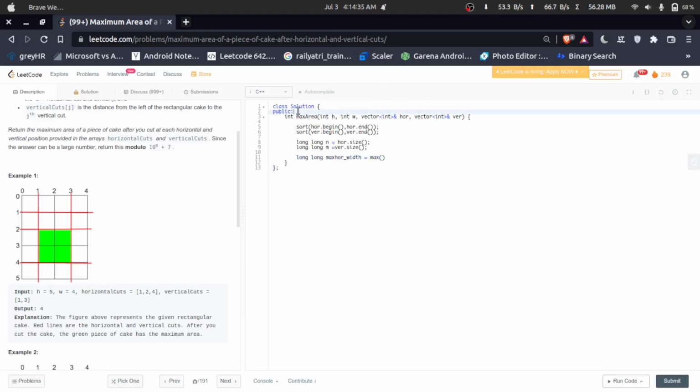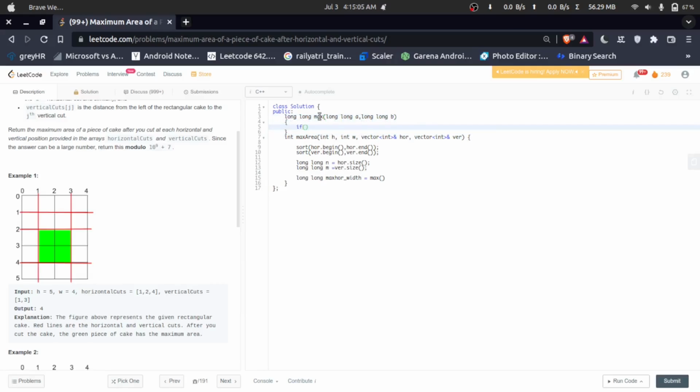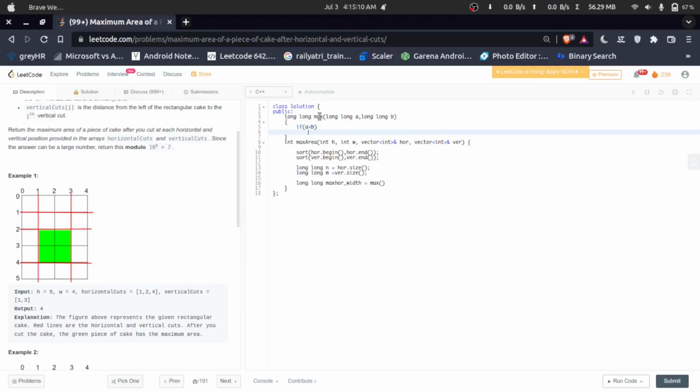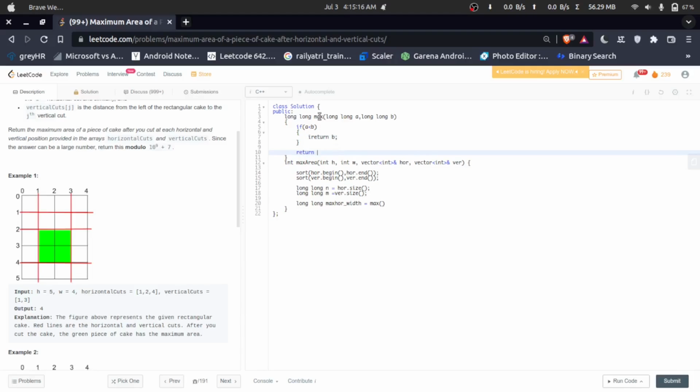Yeah, in that case I have to make a function, integer long b, and I'm checking that if a is less than b, in that case it will return b, or otherwise it will return a.